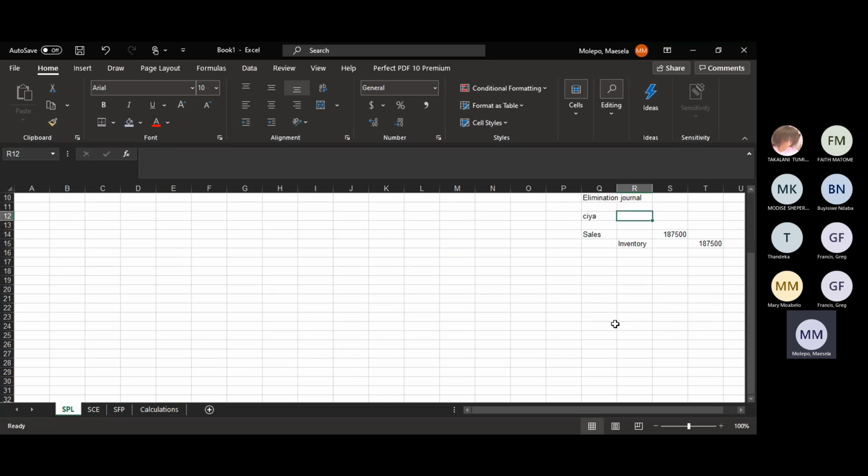Now we are journaling for Hadebe. On this journal of Hadebe, Hadebe is purchasing, so the purchases or the inventory will be the 187,500.